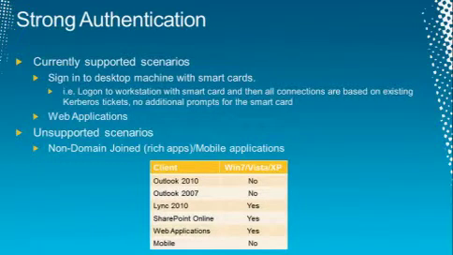I can support that scenario as long as, once I've logged in with my smart card to my corporate machine, I don't need to use it again. I can effectively request Kerberos tickets for additional connections to additional servers without re-authenticating. In that scenario, I can support Link. I can support the Link client, but not Outlook.